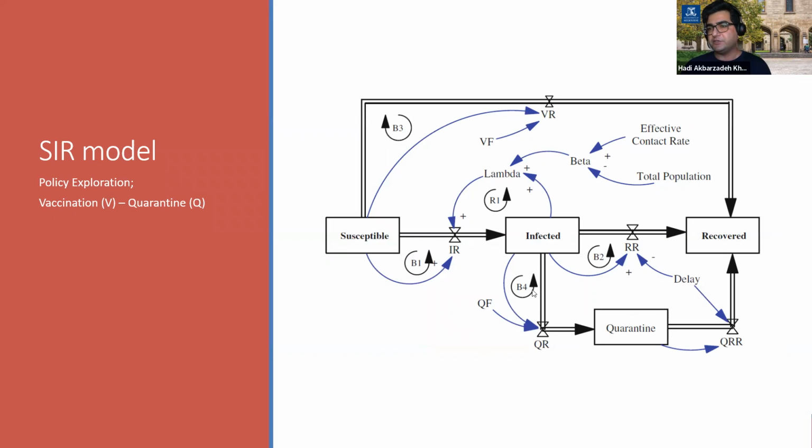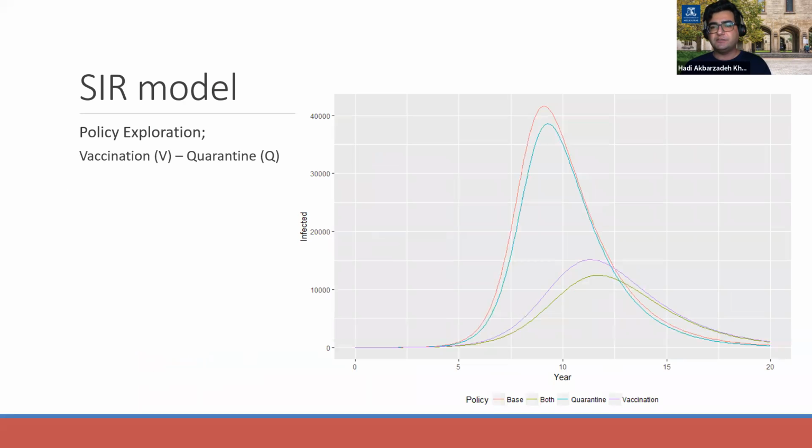So the model can run under each of these scenarios and give us the outcome like this. If your outcome of interest is the number of infected patients, you can do the comparison based on this model. So this is also an outcome of the software in system dynamics.